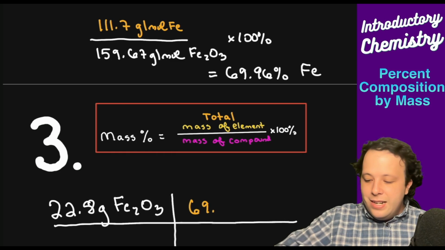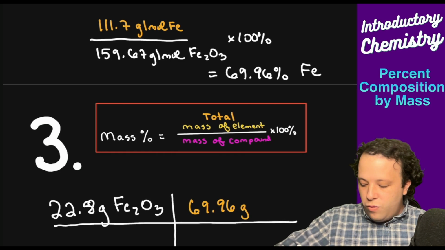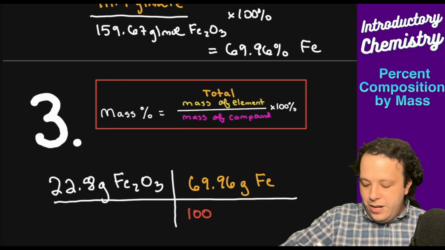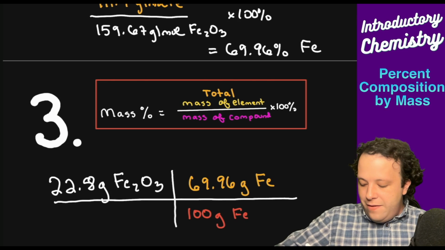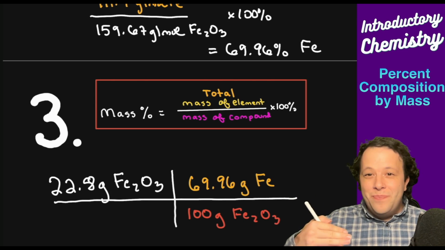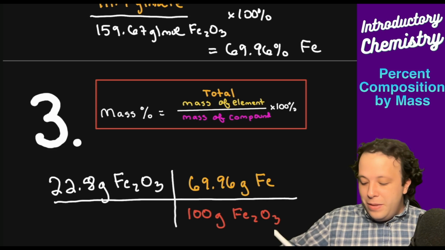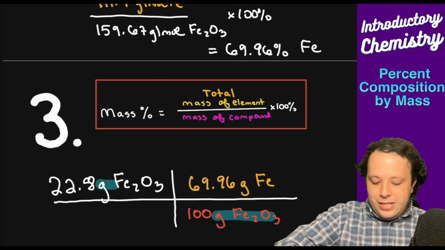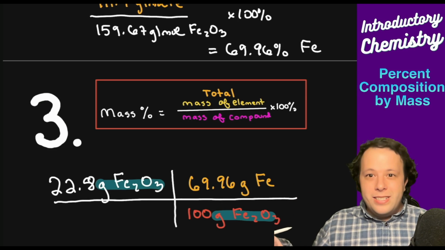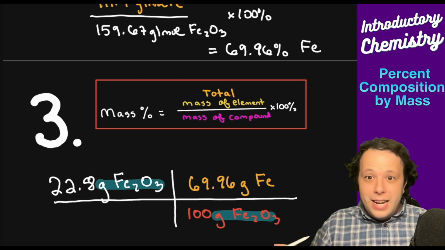So the way we can use this to our advantage is to say I have 69.96 grams of iron all over 100 grams of Fe2O3. This is a conversion term that you can use to cancel out grams. You can also simply multiply the sample by the decimal value, 0.6996, and you'd get the same answer.